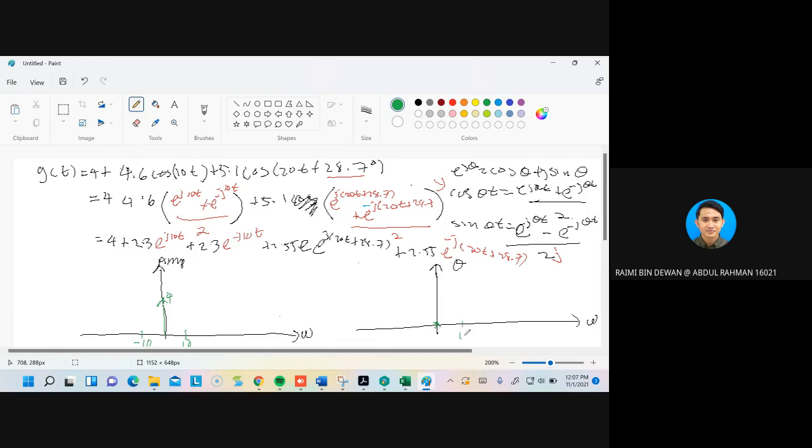Similarly for 10 you have 2.3, a bit smaller, and also 2.3 at the negative side. Next you have 2.5 at 20t. You see this is 20, so you have 20.